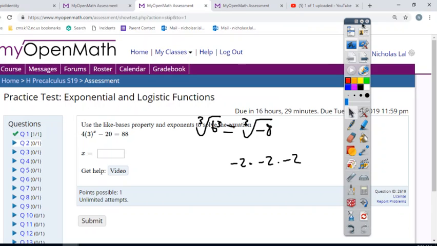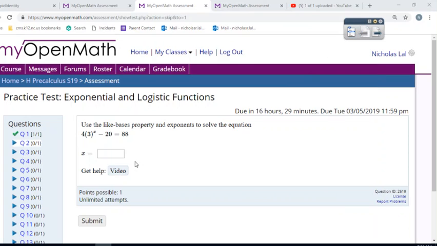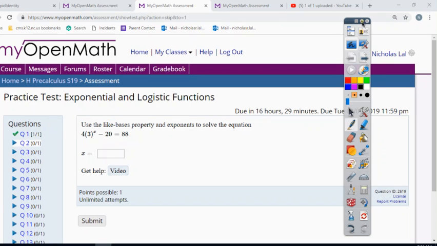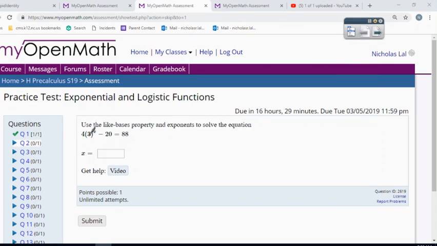For question 2, we're using the like base properties of exponents to solve the equation. So you have 4 times 3 to the x minus 20 is equal to 88. What I'm going to do next is add 20 to each side. So 4 times 3 to the x is equal to 88 plus 20.